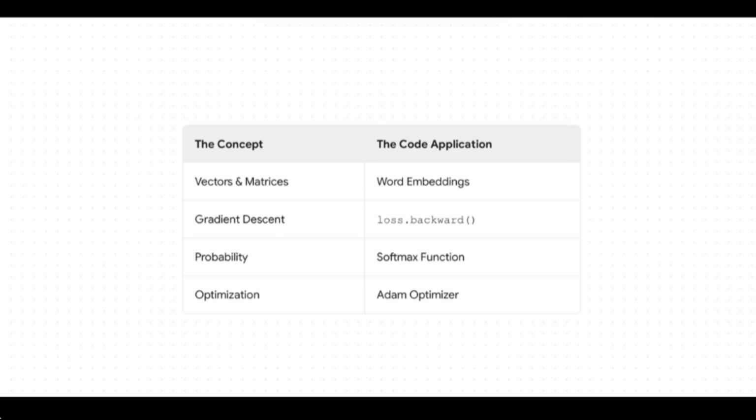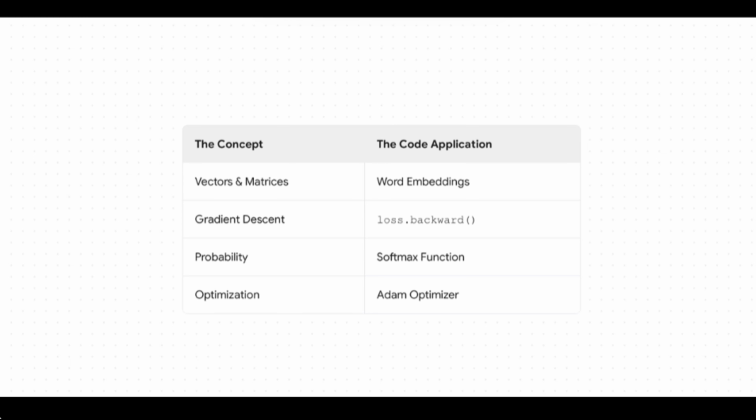Gradient descent, that ball rolling downhill, that is the magic that happens when you type loss.backward. Probability, that's the theory behind your softmax functions and dropout layers. And optimization, that's you choosing the Adam optimizer. Every single one of these big ideas maps directly to a tool you will use.